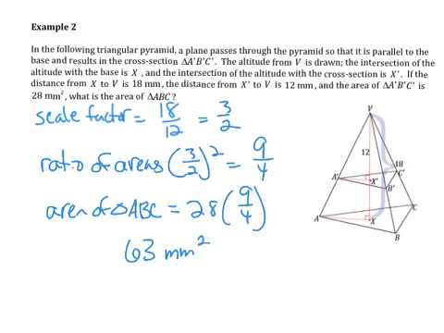So you don't have to set up a proportion if you can understand that, I usually say the scale factor is the image over the pre-image, but in this case I have the area of the image and I want to make it larger. So that means my scale factor has to be greater than 1 instead of less than 1. And then I multiply it by the smaller area, and that gets me the area of the larger triangle. And again, it's important you find the scale factor and you square it to get the scale factor of the areas.